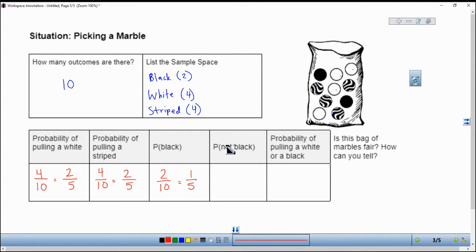This is the probability of not black. Well, if pulling out a black marble is 2 out of 10, not black would be 8 out of 10, because if there's 2 chances to get a black marble, there's 8 chances to not get a black marble. And we can see that by looking at the white and the striped. 4 tenths plus 4 tenths would be 8 tenths, or 8 out of 10, which is the same thing as 4 out of 5.